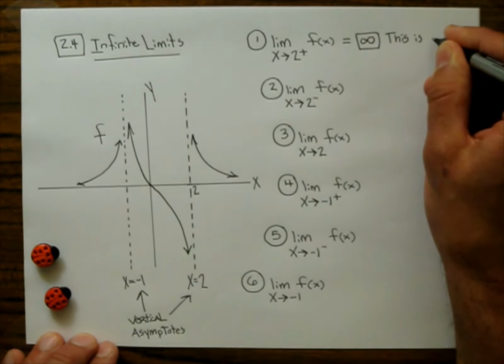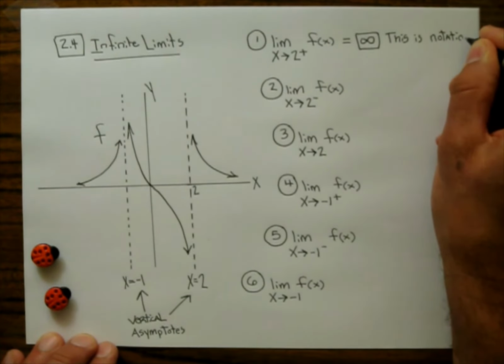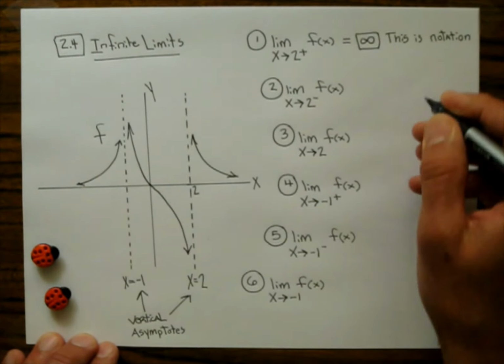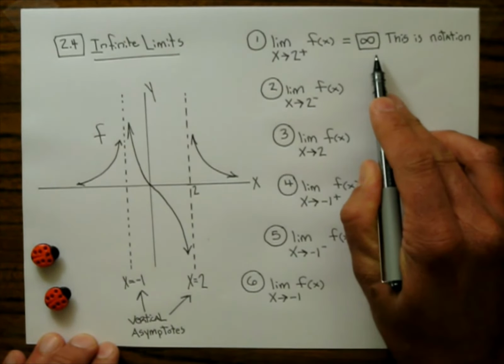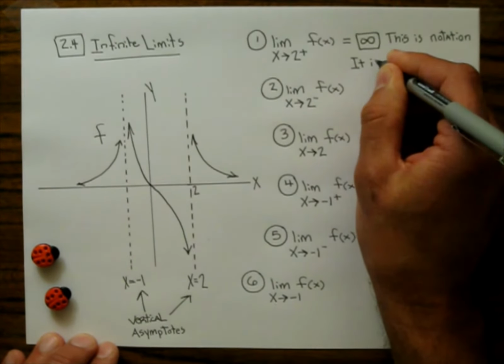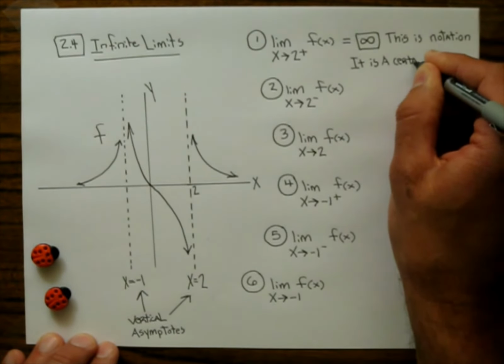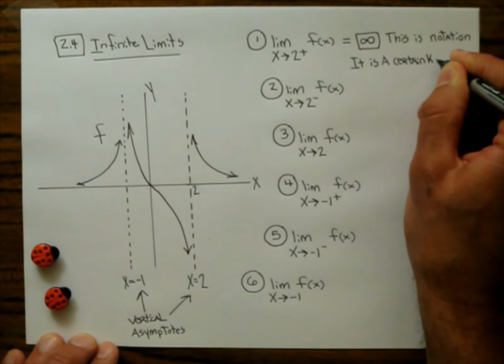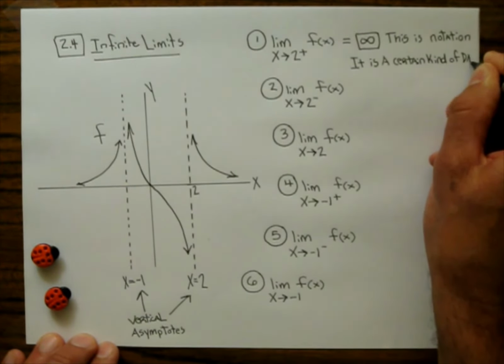Now, I want to let you know that this is notation. It's actually a certain kind of does not exist. So I'll write that down here. So it is a certain kind of DNE.